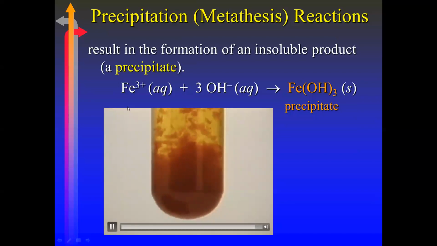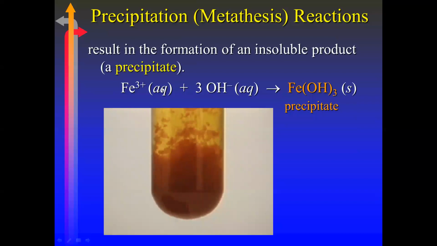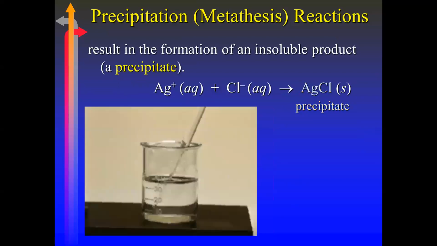This nice video showed you what the precipitate looks like. If you have iron ions and you add some hydroxide ions, you see they form this brown-colored iron hydroxide precipitate. This is what we call a precipitate. So these reactions are also called precipitation reactions.